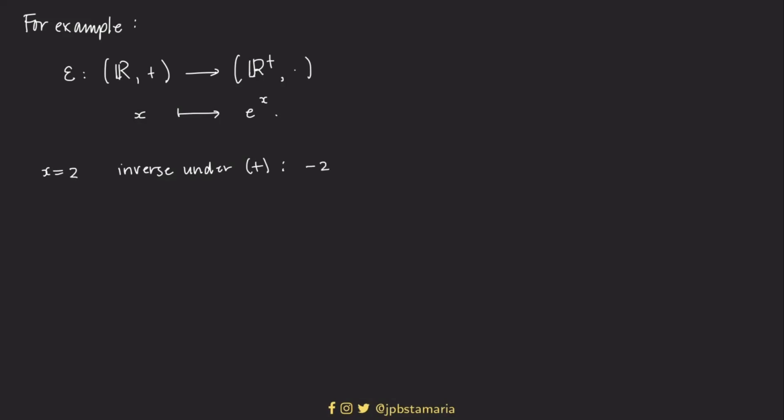So tignan nyo ito. I-apply ko ngayon yung epsilon sa 2, it will give me e squared, correct? Yung katangian ng epsilon. If I now apply epsilon on the inverse of 2, I get e to the minus 2. Right? As you can see, e to the minus 2 is the reciprocal of e squared.